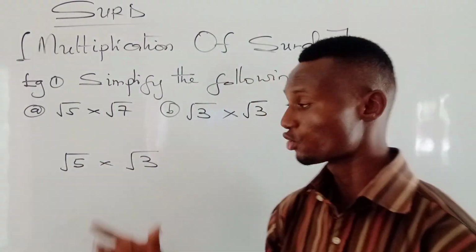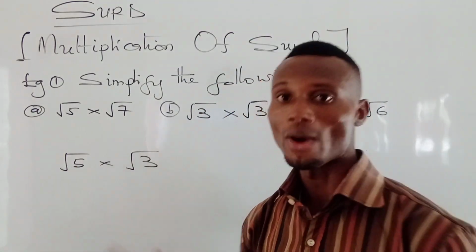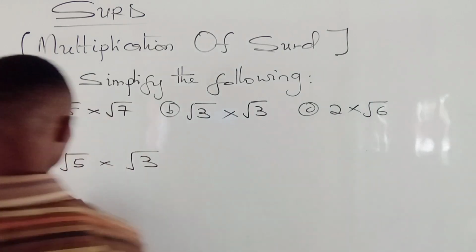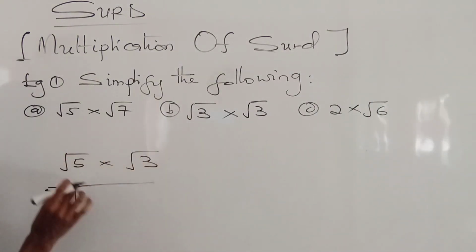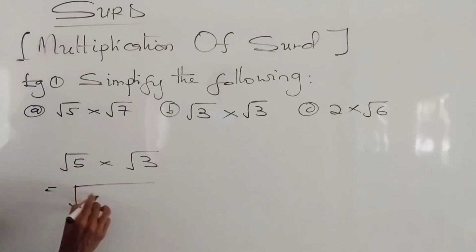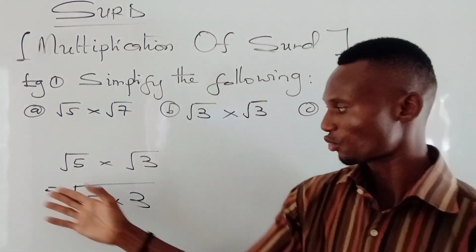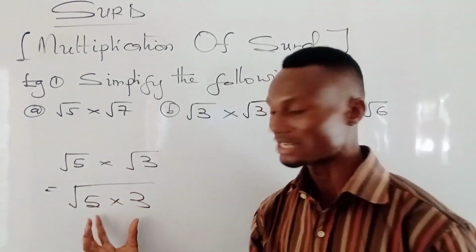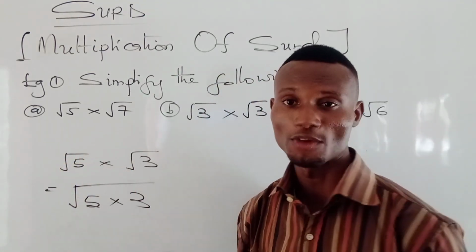What we do to multiply this one is bring both values under one square root sign. I'm going to write a square root for both of them, then the 5 here, I'll bring it under, times the 3 which is also here. Both of them have square roots, so to multiply, this is how you go about it.